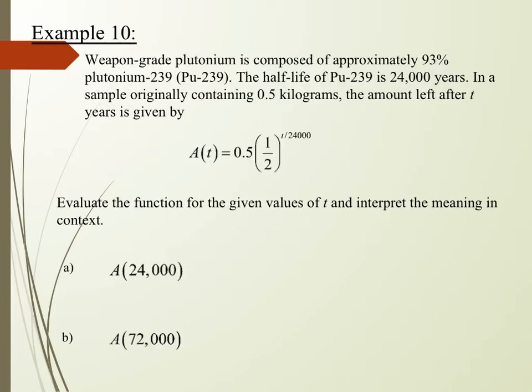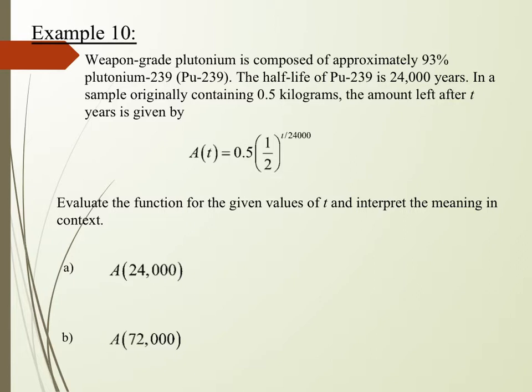In example 10, weapon-grade plutonium is composed of approximately 93% plutonium-239. The half-life of plutonium-239 is 24,000 years. In a sample originally containing a half a kilogram, the amount left after T years is given by A of T equals 0.5 kilograms times 1/2 raised to the T divided by 24,000. It says evaluate the function for the given value of T and interpret the meaning in context.